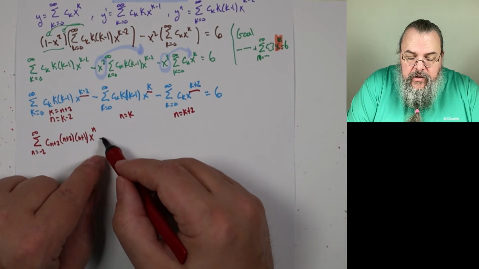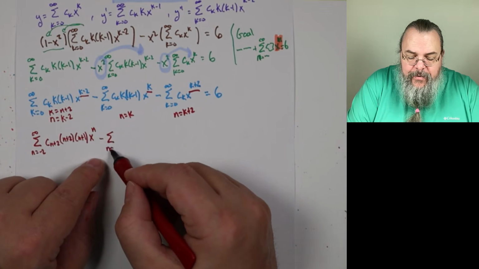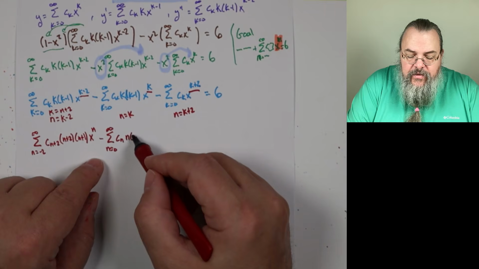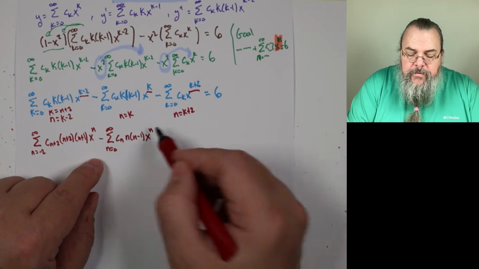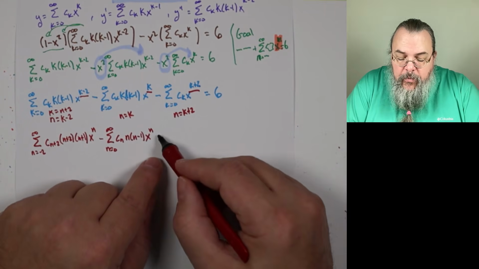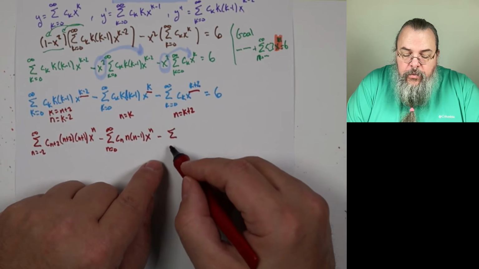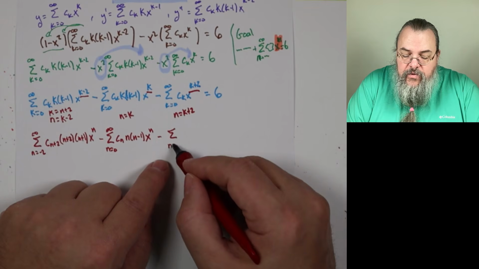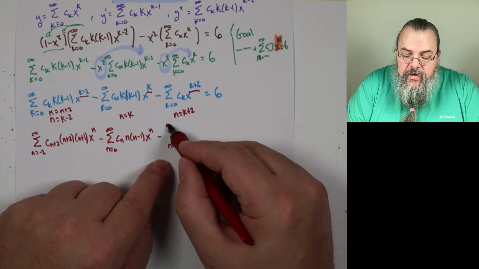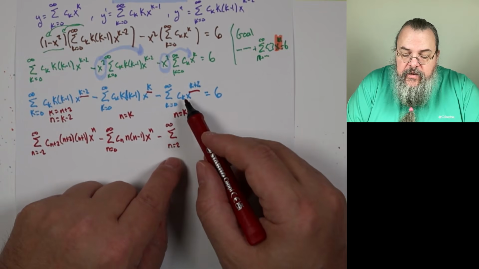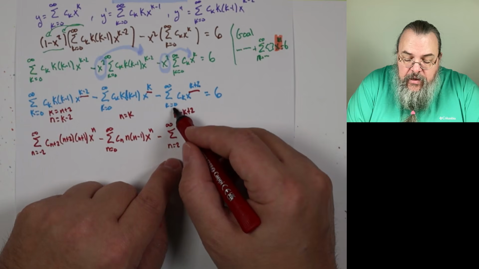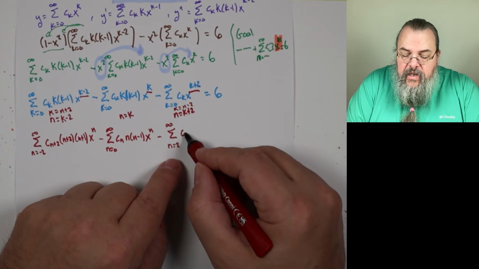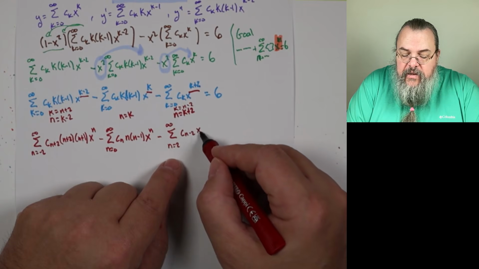Next one. The only thing that happens here is everywhere where you see a k, you put an n. So this will be a more straightforward one. All right, what happens here? We're going to start at k equals 0, which becomes n equals 2, to infinity. And now, what is k? Here k equals n minus 2. So it's c n minus 2 x to the n.